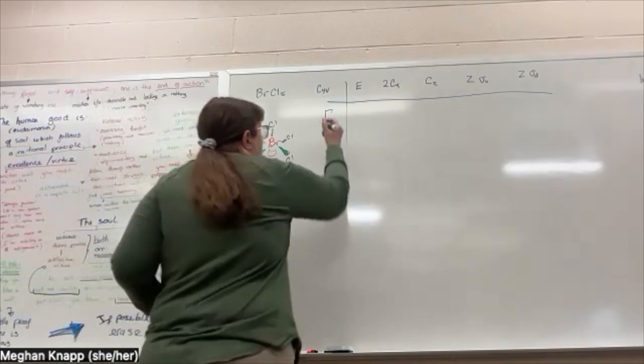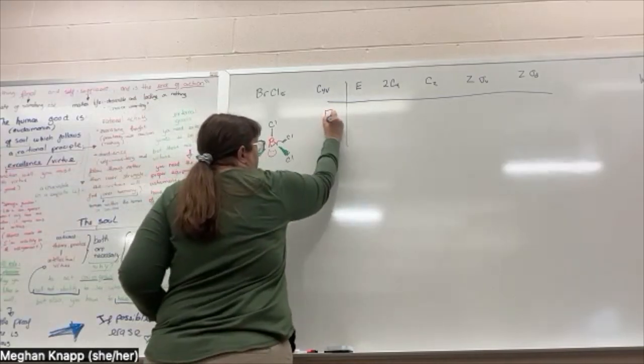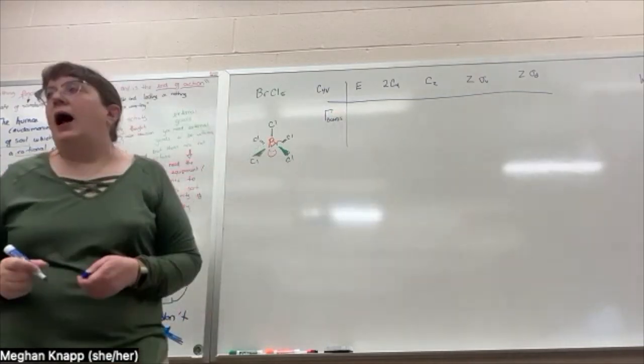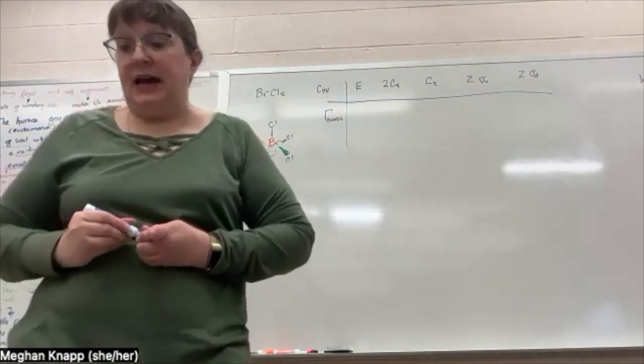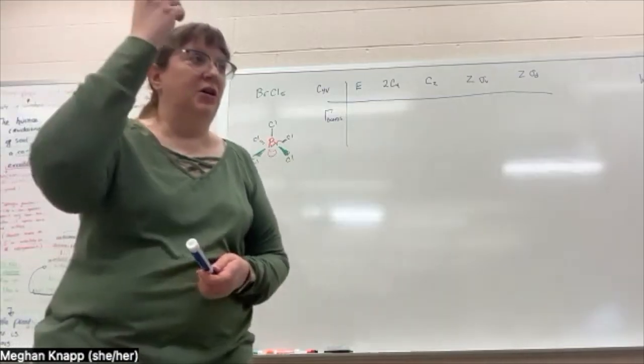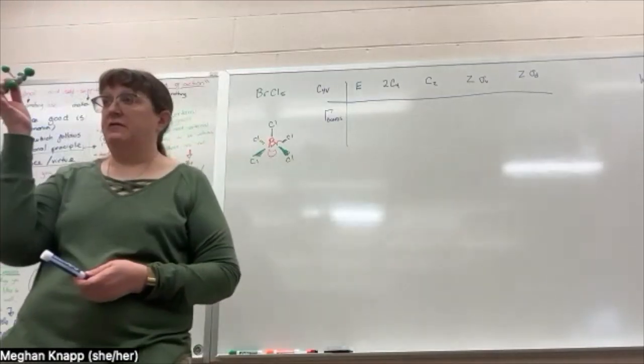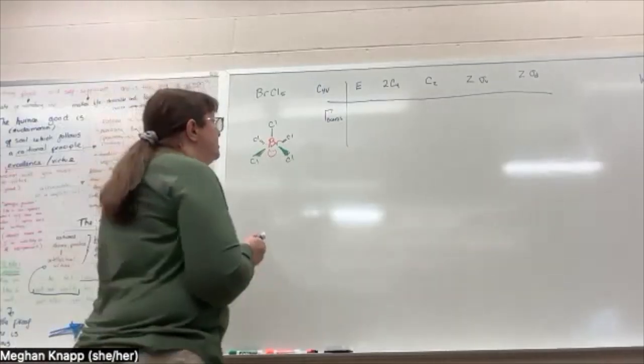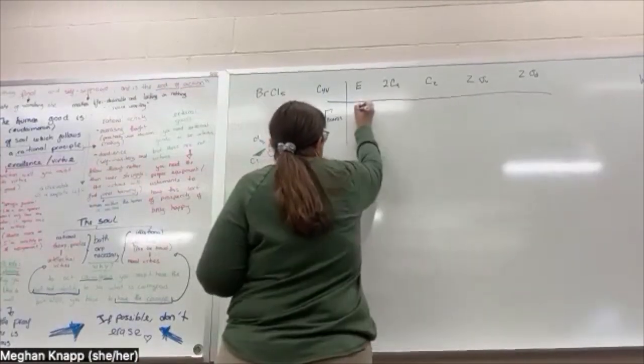So representations, we use gamma, and I like to tell myself what I'm doing here. And the first thing I do is I count how many bonds I have. So on BrCl5, how many bonds do I have?